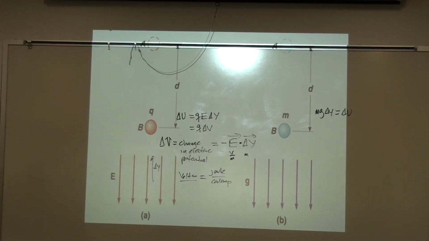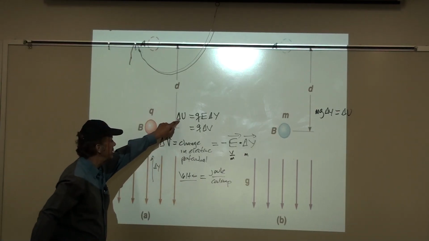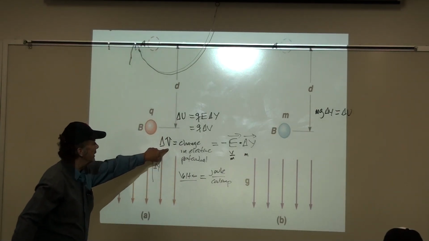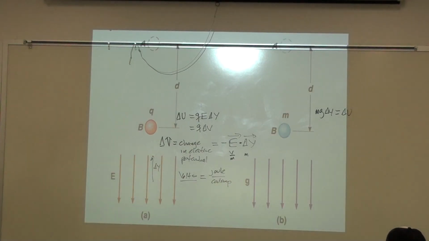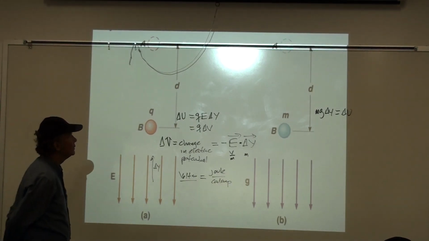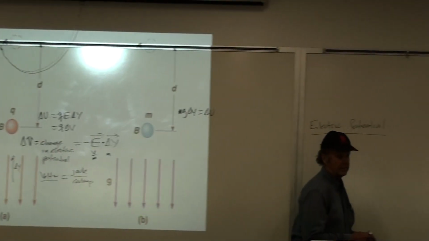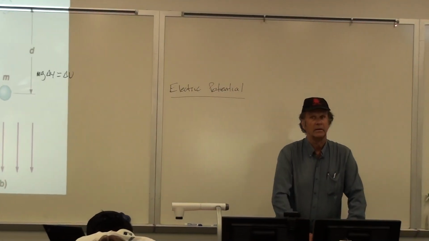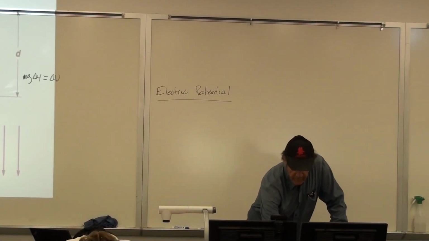So that's the key thing that connects volts with potential energy. And this is the key thing that connects volts with electric field. So all of those different connections are going to be used, and so they should be real clear in your mind how they work. Are there any questions about any of those introductory ideas?